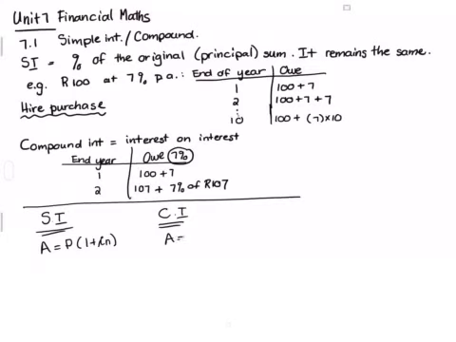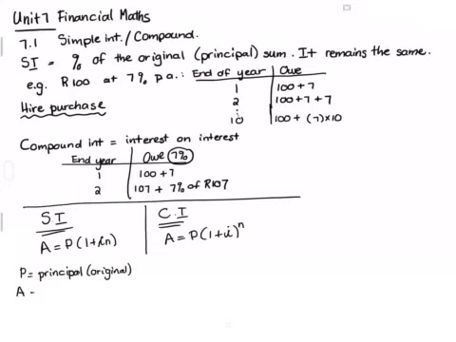Compound, A equals P times (1 plus i) to the power of n, where with both of them, P is your principal amount, the amount that you originally borrowed or invested. So P is the original amount.